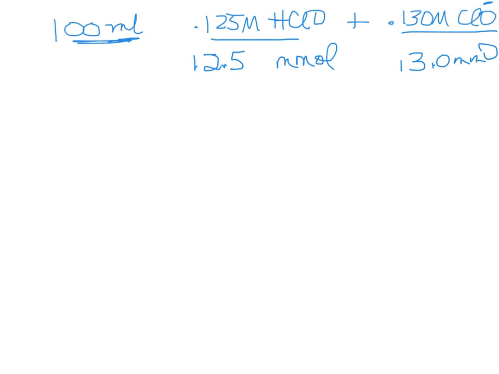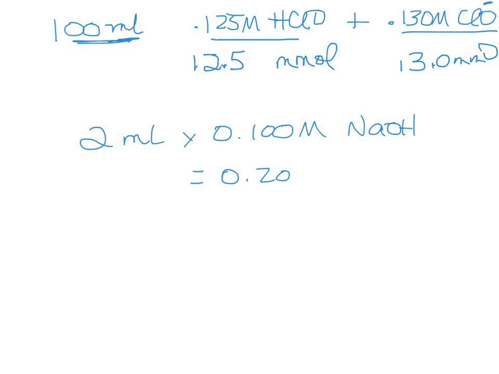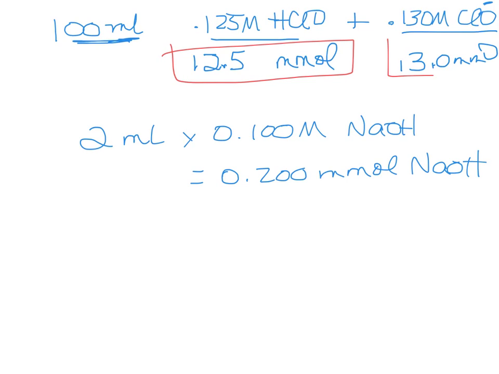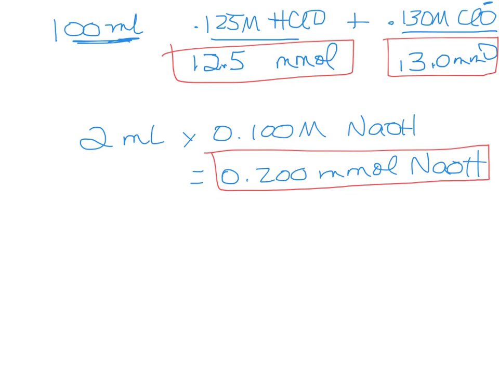The problem says we have added 2 milliliters of 0.1 molar sodium hydroxide. Multiplying those, I get 0.200 millimoles of sodium hydroxide. So now I know all of the starting moles that go into my mole table, so we'll go to the mole table and plug these values in.